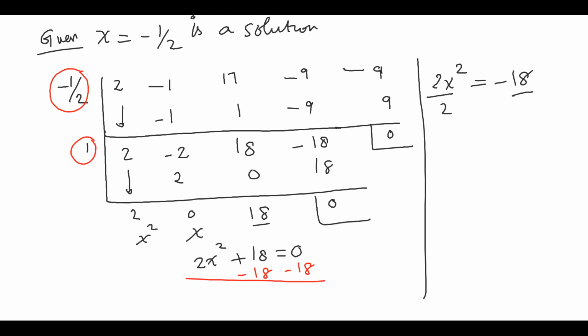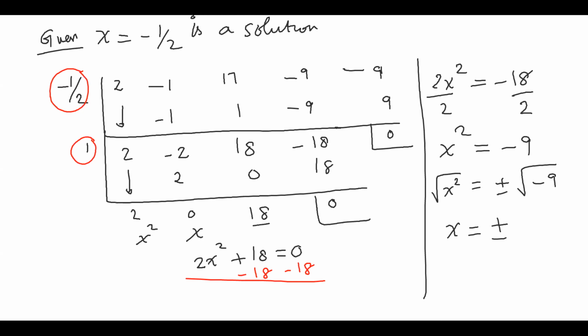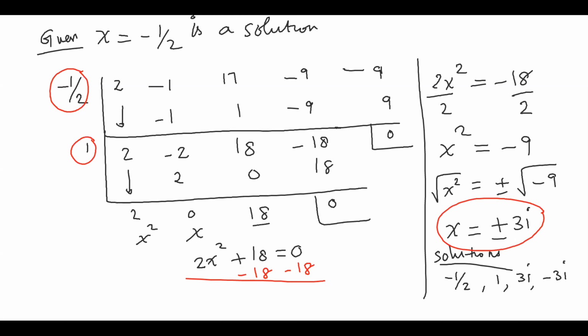Divided by 2, we get x squared equals negative 9. Take the square root of both sides, and remember we have to put plus or minus. So x is going to be plus or minus 3i because we have a negative inside. So we got the solutions now: negative 1/2, which is given, and 1, and 3i and negative 3i. So this is our final solutions.